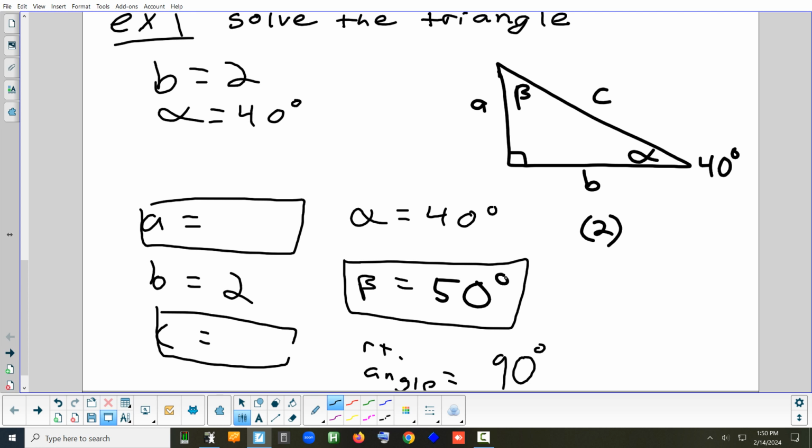Okay. Now, when we solve for A and C, you have to pick one of these 2 angles to use to do it. Which angle do you think we should pick? 40. Why? Because it's the pair A we do not have yet. I agree that we should use the 40, but there's another reason why I think we should use the 40, not the 50.